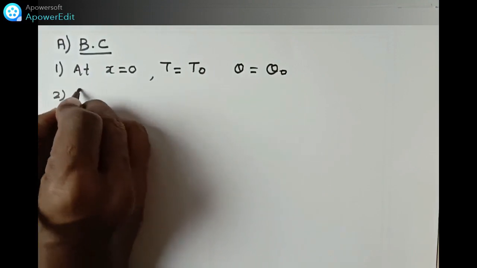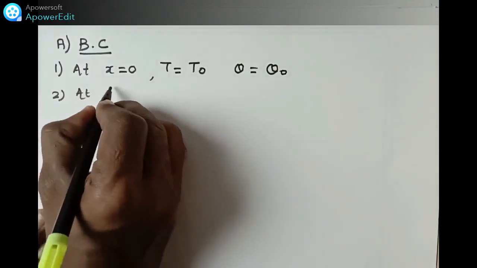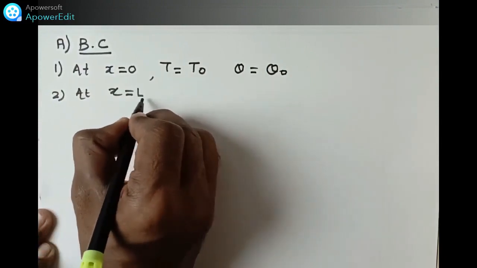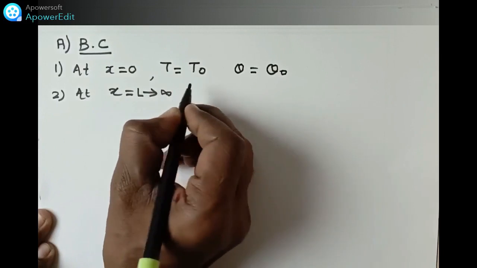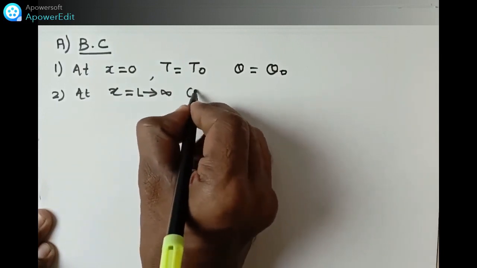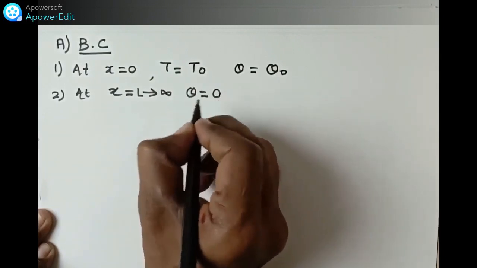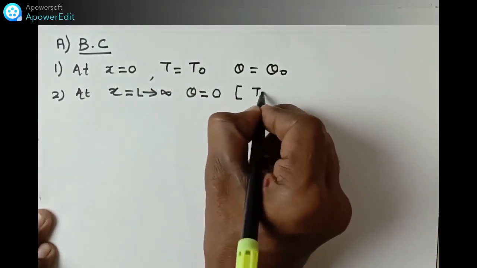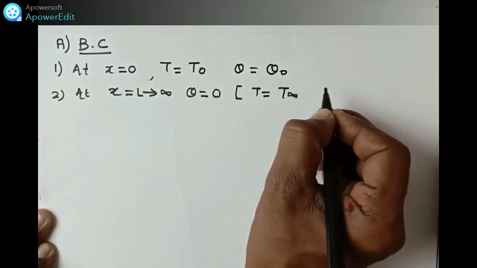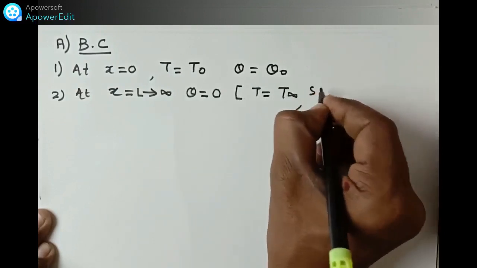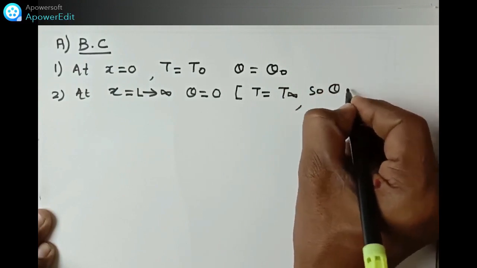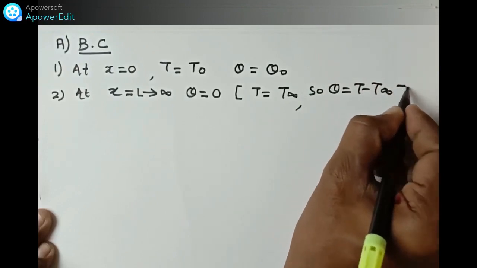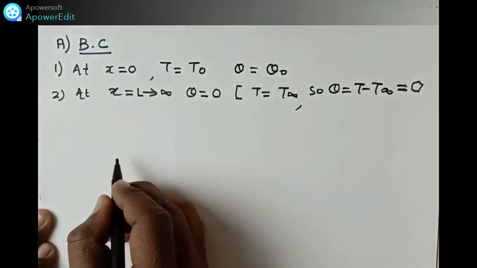And at the tip of the fin, at x is equal to L, L tends to infinity, theta will be 0, because here T is equal to T infinity. So in this case theta, that is T minus T infinity, is equal to 0.